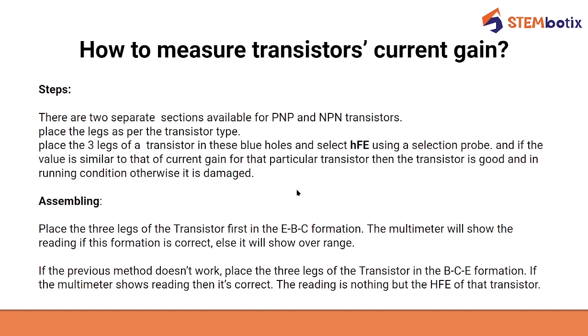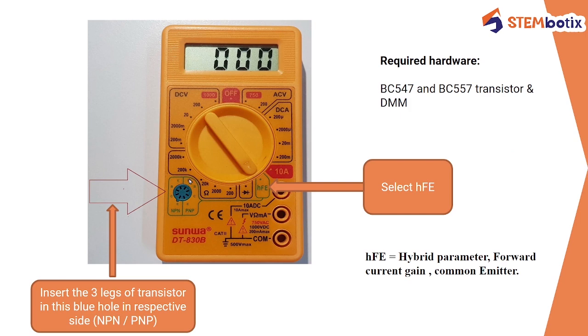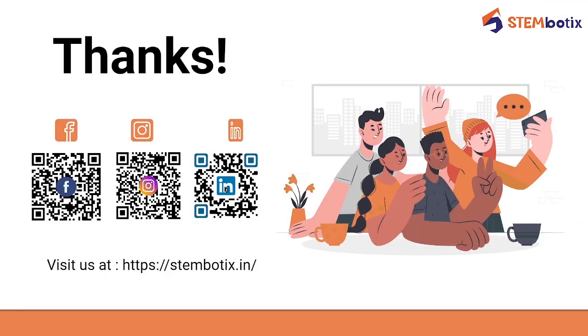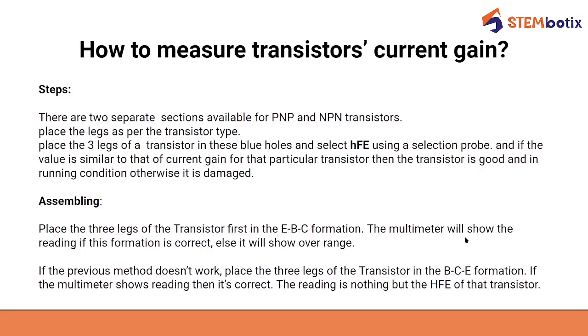Place the three legs of the transistor in the E, B, and C part, and the multimeter will show the reading if this information is correct, else it will show over range. Meaning if you have connected properly and if the transistor is in good condition, then it will give a result in range, or else it will show you over range.